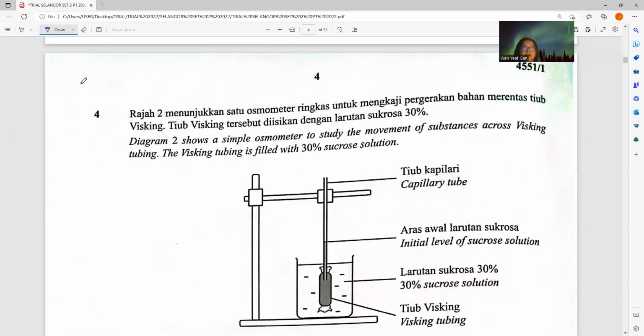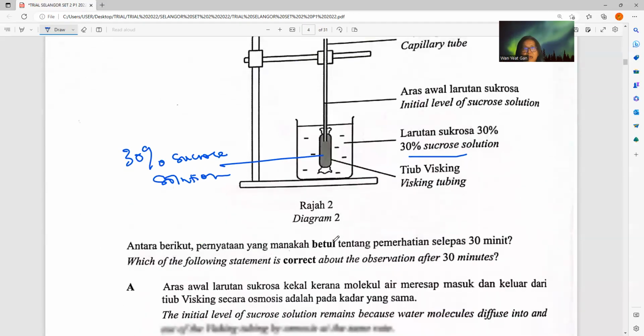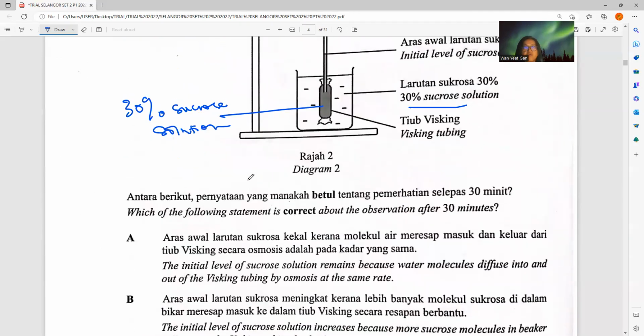Question 4. Diagram 2 shows a simple osmometer to study the movement of substances across Visking tubing. The Visking tubing is filled with 30% sucrose solution. So that means the solution outside the Visking tubing is the same as the solution inside.